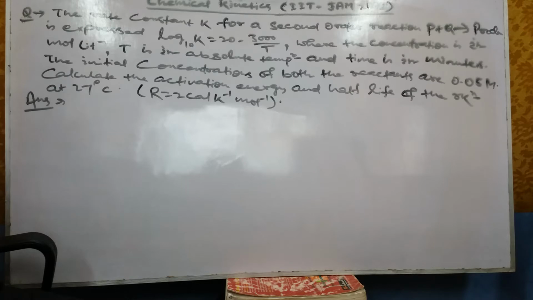The problem is: the rate constant K for a second order reaction, P plus Q converted into product, is expressed as log 10 K equal to 20 minus 3000 by T, where the concentration is in mole per liter, T is in absolute temperature and time is in minutes.